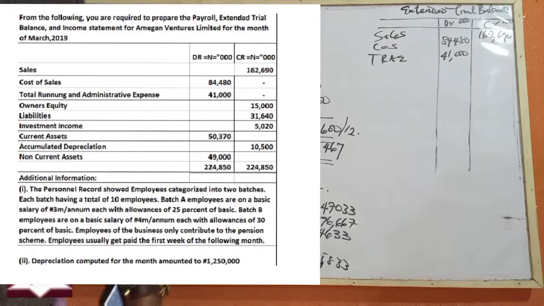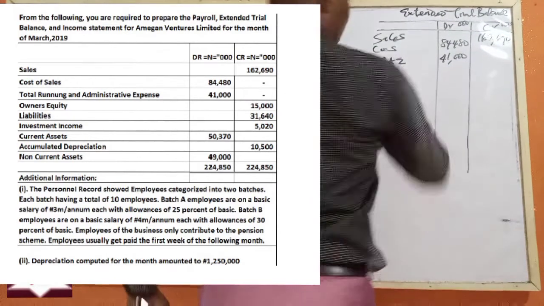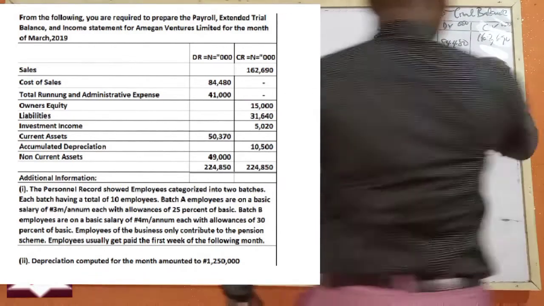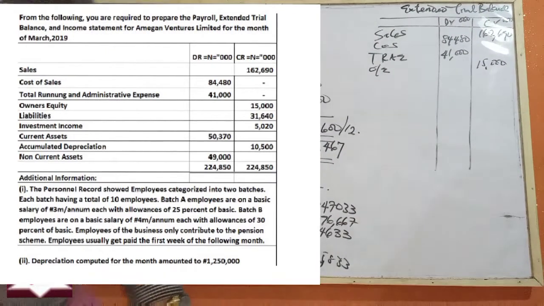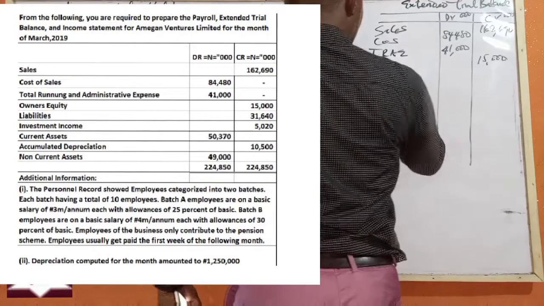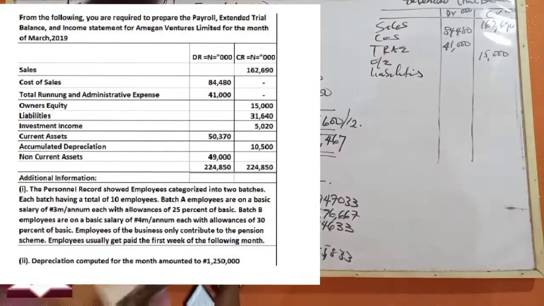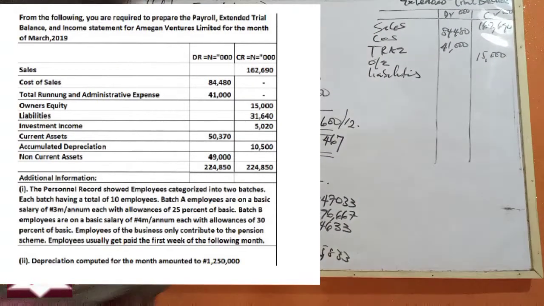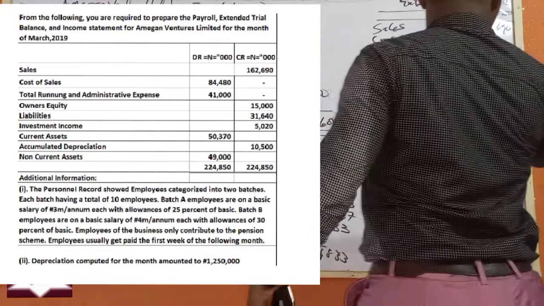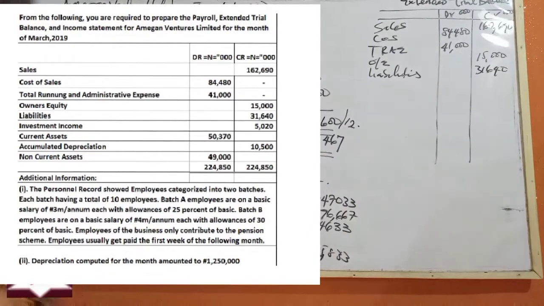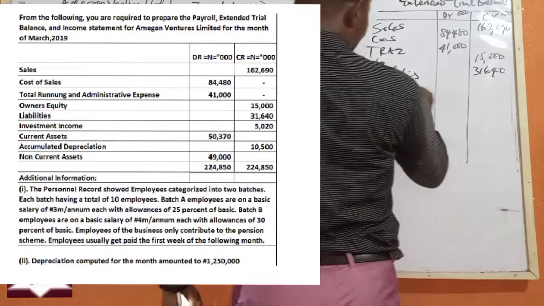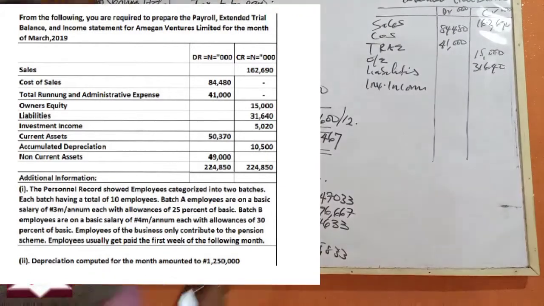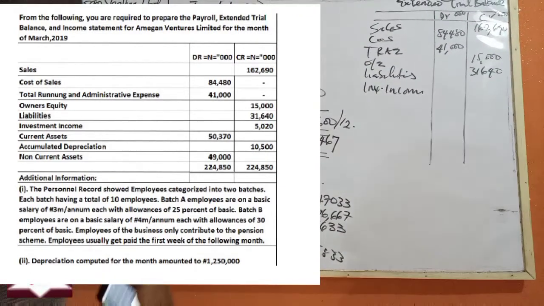What's the next one there? Owner's equity, 15 million. Next, liabilities, 31,640. Next, investment income, 5020.